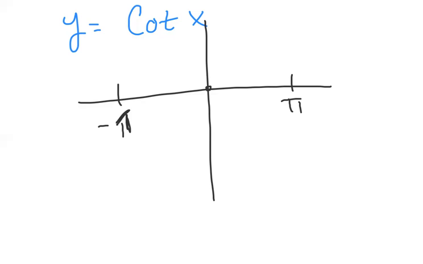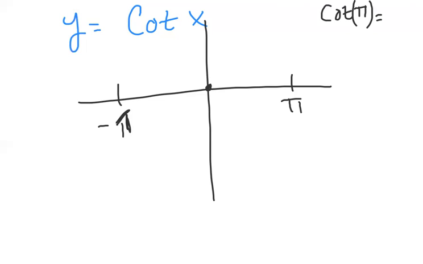And remember, at these pi units, we have asymptotes. So, guys, let's think about it. If we do cotangent of pi, remember, cotangent would represent the cosine over the sine.